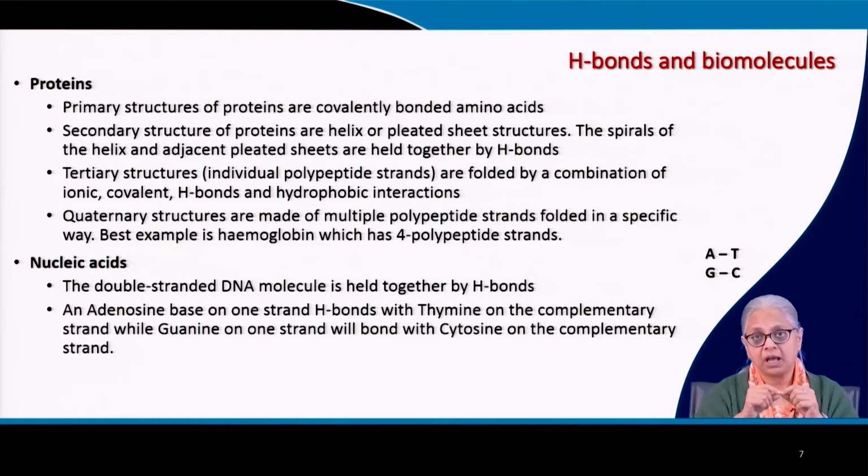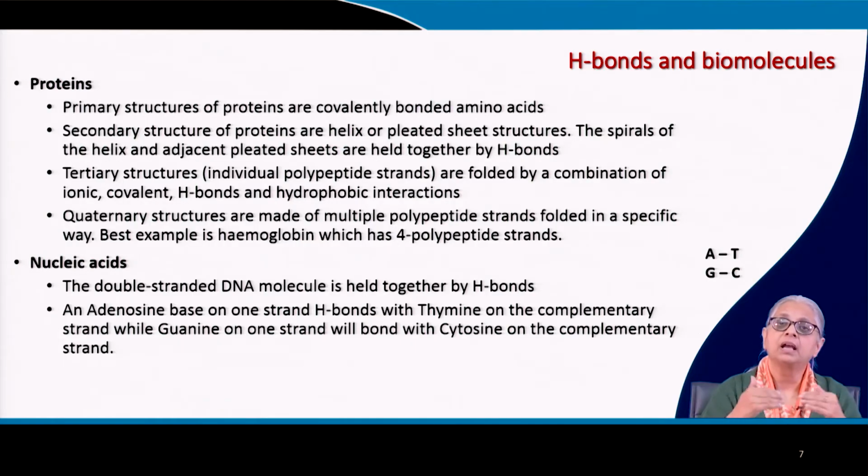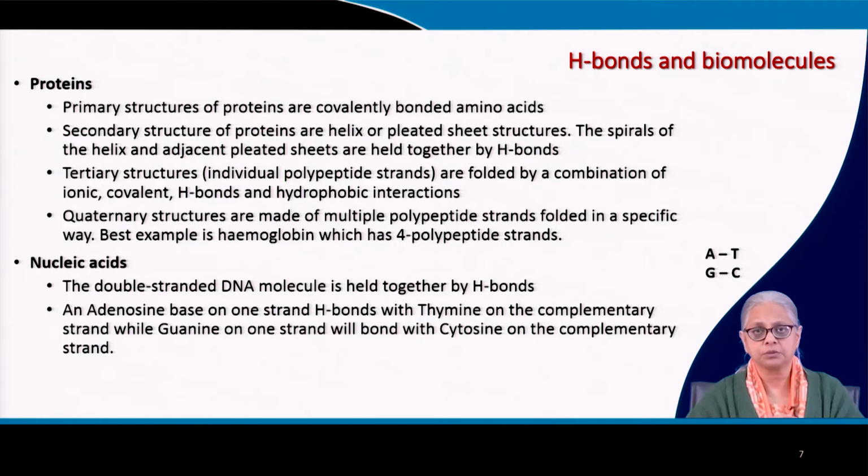And similarly, you have multiple polypeptide strands, and you can imagine that they're fan folded, and each of these sheets is stuck together to the adjacent sheet by hydrogen bonds. So if you look into any of the textbooks, you will find good graphics explaining all of these. It's very important for understanding how these proteins are folded. That is the secondary level.